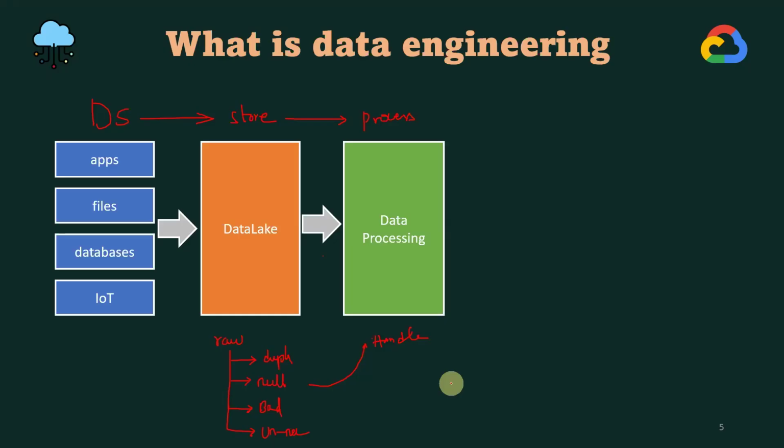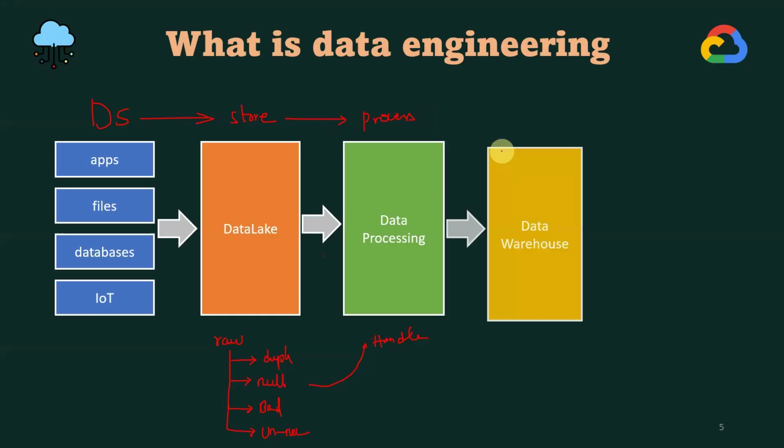All right, so you have data, you store the data, you process the data. Once you process the data, we can analyze it, and you can do the analysis in a data warehouse. Once you process the data, you store it into the data warehouse. A data warehouse is a large repository where your entire enterprise data is available.